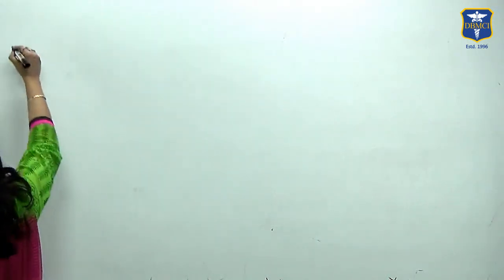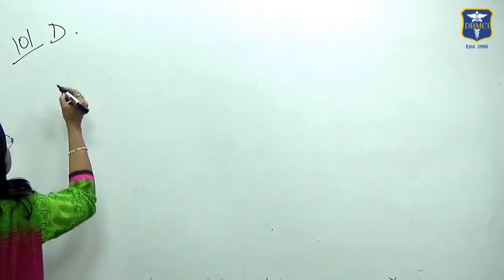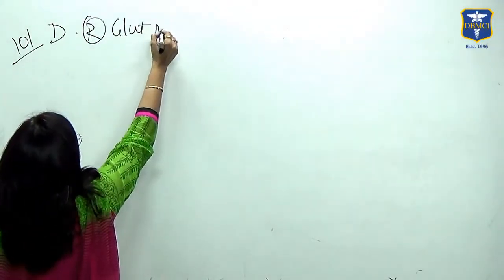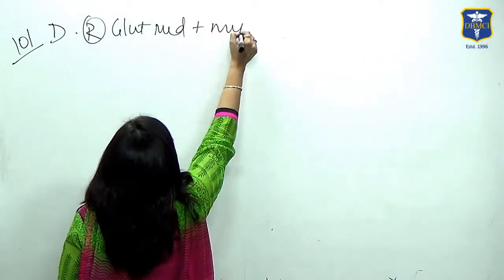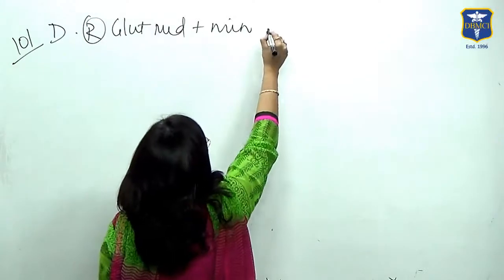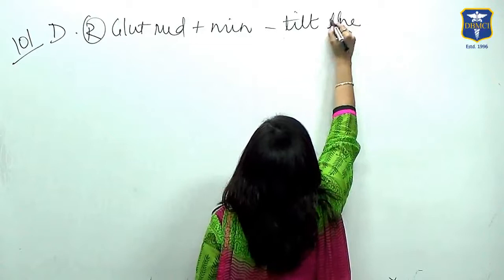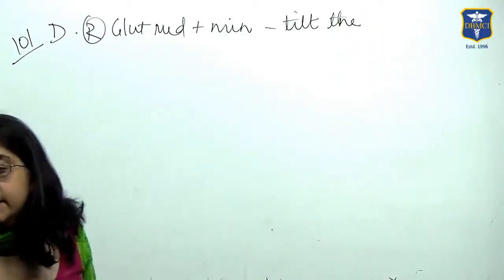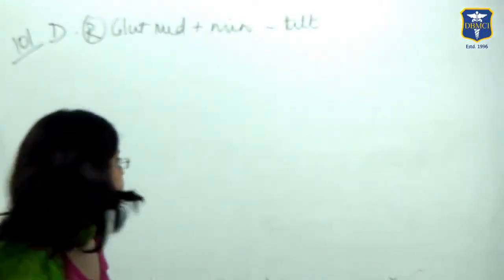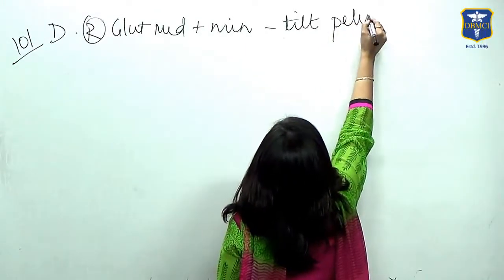101, the answer is B. The right gluteus medius as well as minimus tilt the pelvis so that the left lower limb is raised.